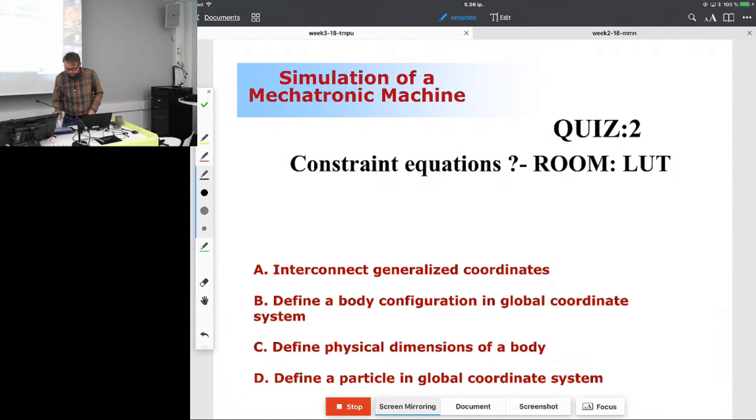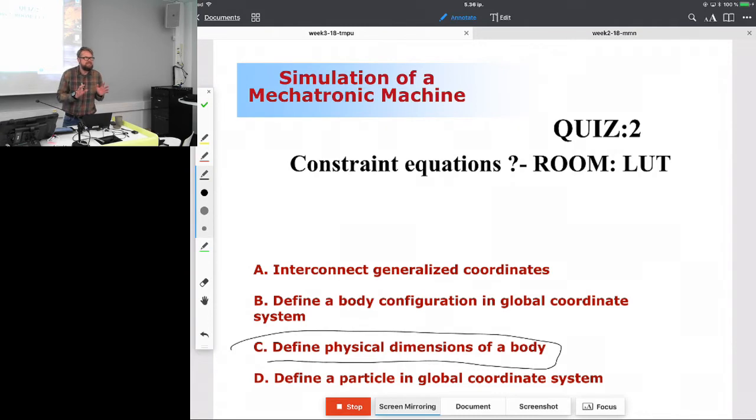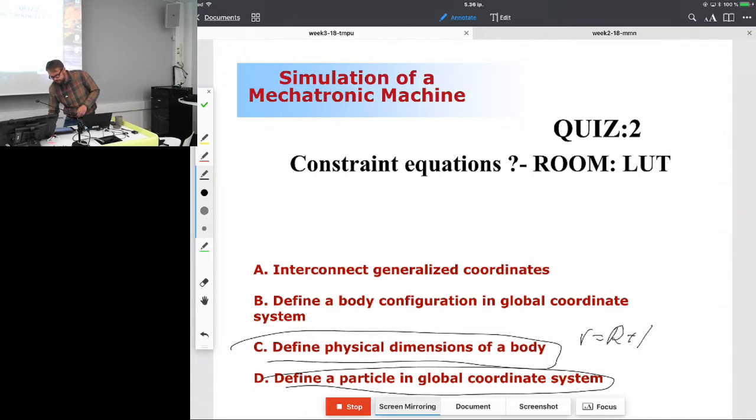Let's get started with the answers that make no sense. The only few ones mention that this defines the physical dimension of the body. Nothing to do with that. Defines a particle in global coordinate system? Not that either. We define the particle by using this equation. Not constraint. It's an ingredient inside of the constraint, but the idea of the constraint is what?